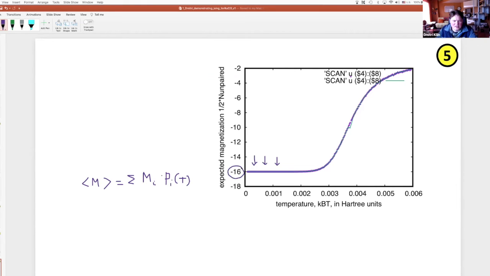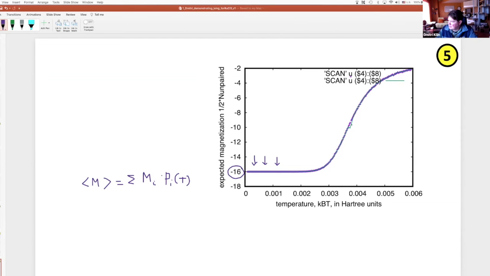It's like 16 unpaired electrons, or 32 unpaired electrons, 1/2 each, so minus 16. And as more and more spins are flipped by thermal excitation, this number decreases.